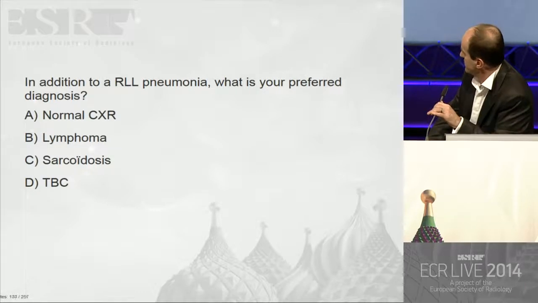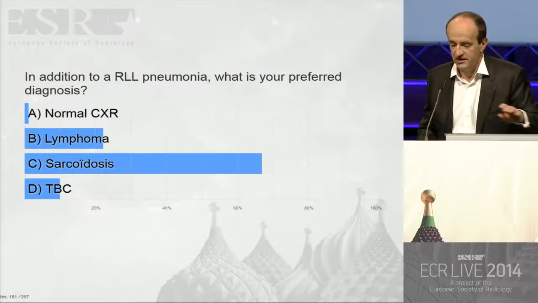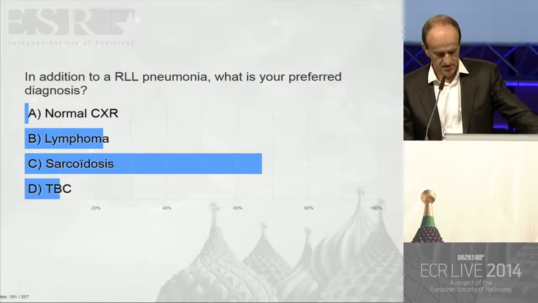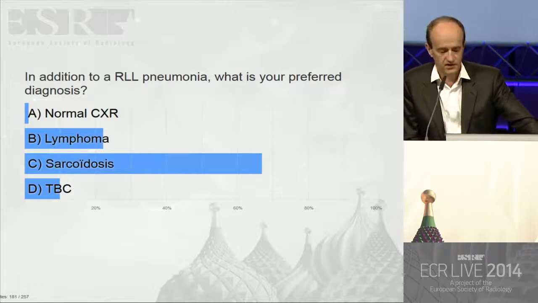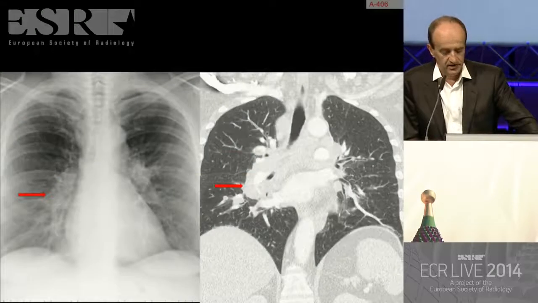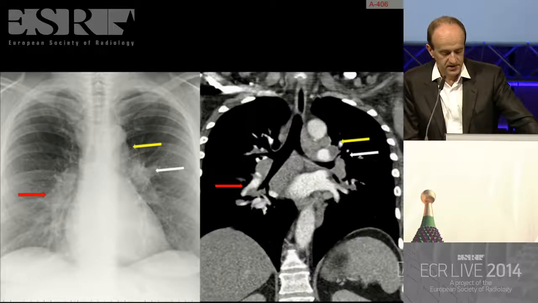Okay, let's show the results. Well done. Indeed, it's sarcoidosis. It is a typical presentation of a sarcoid. Let me show you some details. Here, enlarged right hilum due to lymphadenopathies. The left hilum, the aortopulmonary window, we already saw previously.